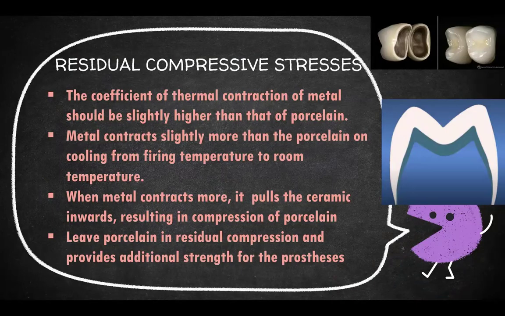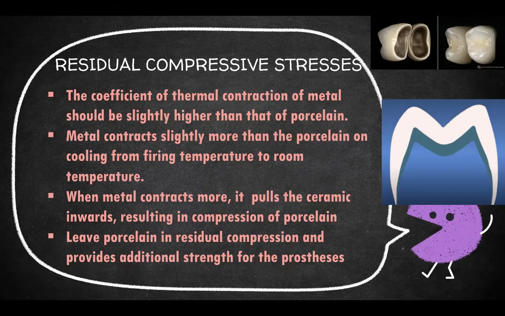So, how do you induce residual compressive stresses into the material? Here the coefficient of thermal contraction of the metal should be slightly higher than that of porcelain. Metal contracts slightly more than the porcelain on cooling from firing temperature to room temperature. So when the metal contracts more, it pulls the ceramic inwards, and this results in compression of the porcelain. This leaves porcelain in residual compression and provides additional strength.